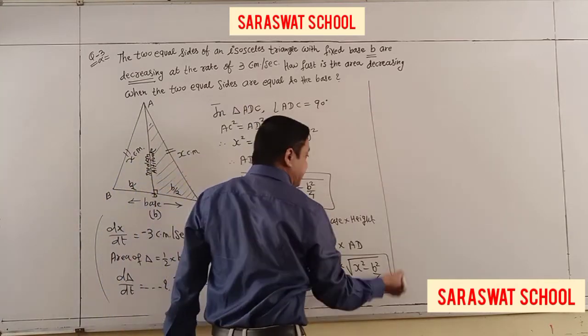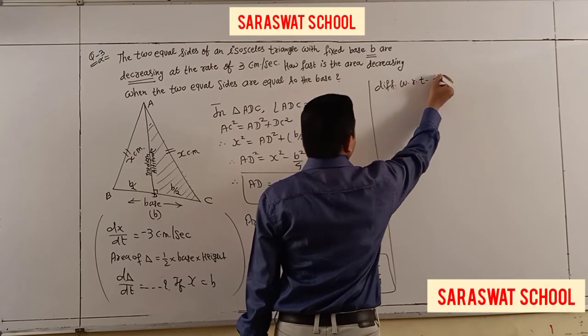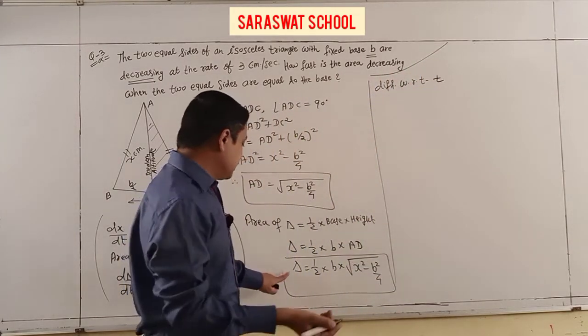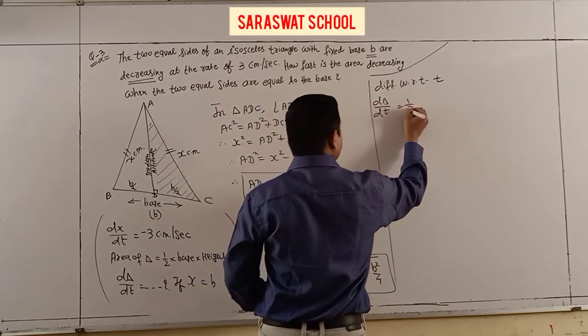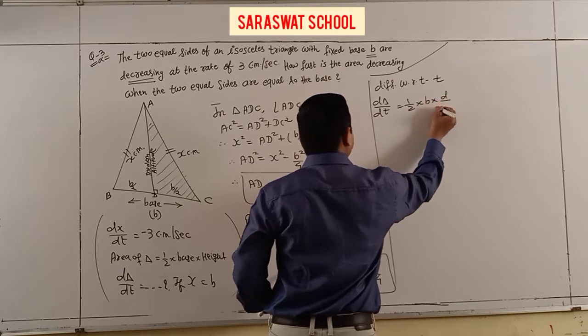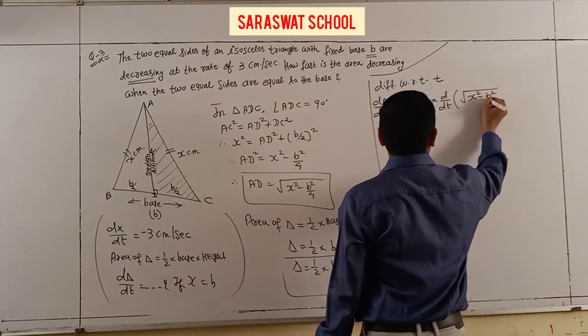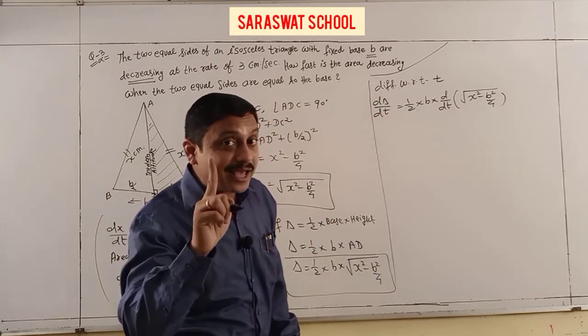Now I start differentiation with respect to t. Only apply derivative here. So d del by dt, half b the same, and this derivative I operate with respect to time, x square minus b square by 4. Yes, b is a constant, only x is variable.